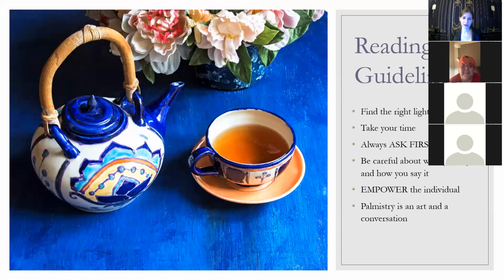Okay, I've told you everything I know about basics. I've probably gone too far into advanced, but I can't help it. So now we're finally getting to just the basic guidelines of reading. We talked about it a little bit already, but I want to give you my best tips for a really good reading. One of them is very practical. Just find the right light.